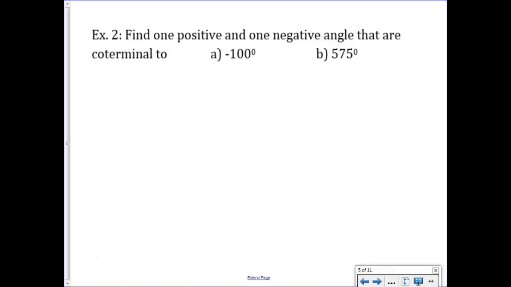And so for example 2, it says find one positive and one negative angle that are coterminal to negative 100. So probably the easiest thing to do would just be to subtract 360 and add 360. So I get negative 460 degrees when I subtract 360 from negative 100. If I add 360, I get 260 degrees.